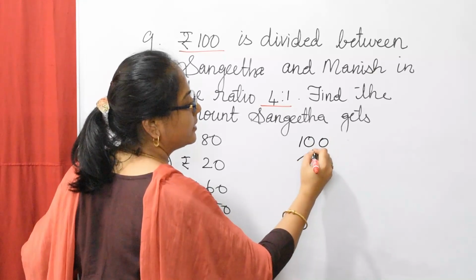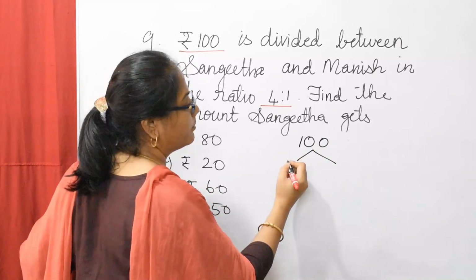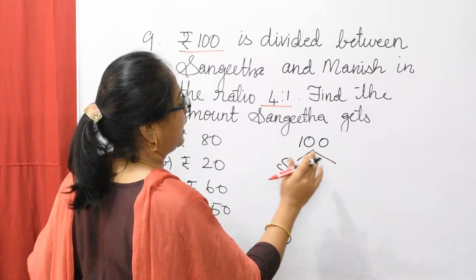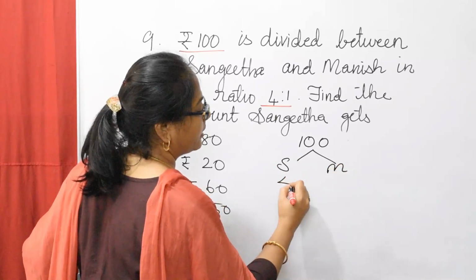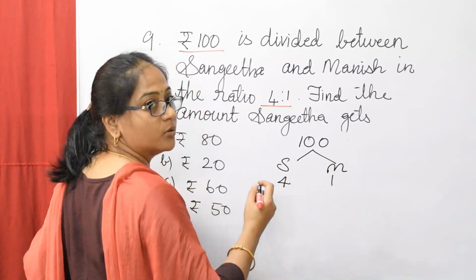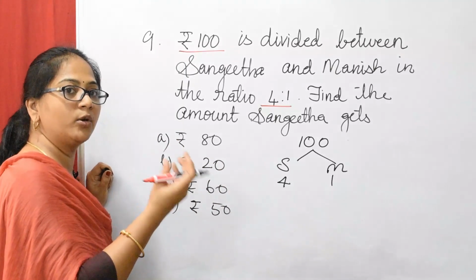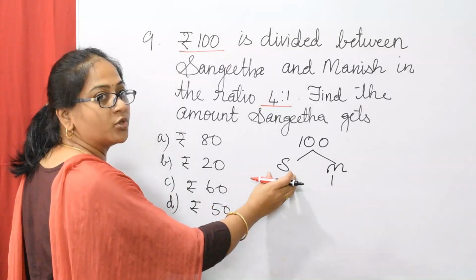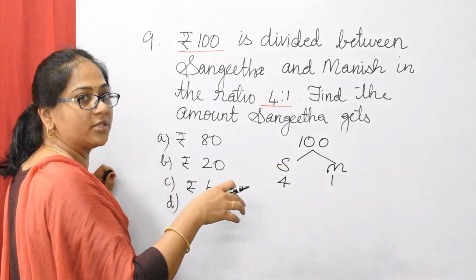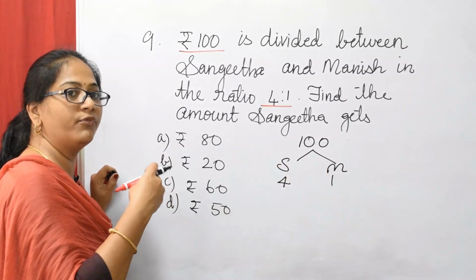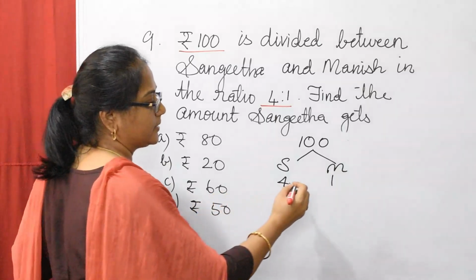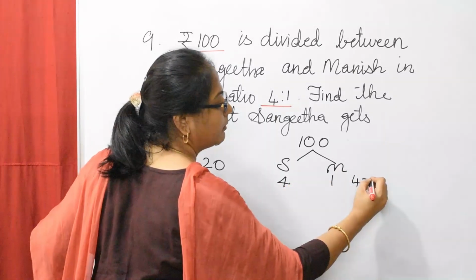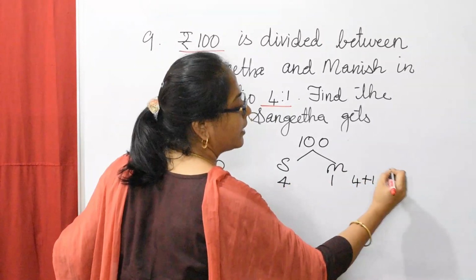Rupees 100 we are going to divide between Sangeeta and Manish in the ratio 4:1. So first we have to find the total number of shares. Sangeeta is going to get 4 shares and Manish is going to get 1 share. So 4 plus 1, total shares are 5.